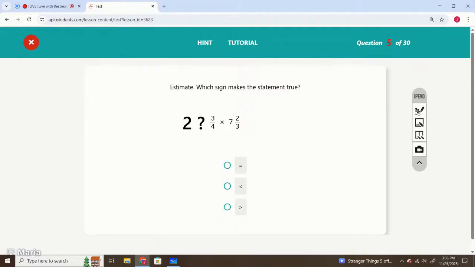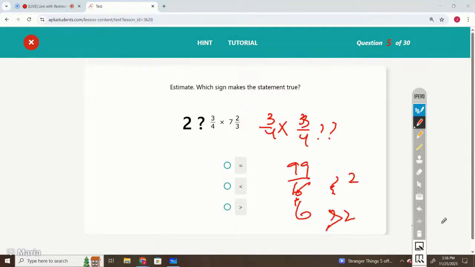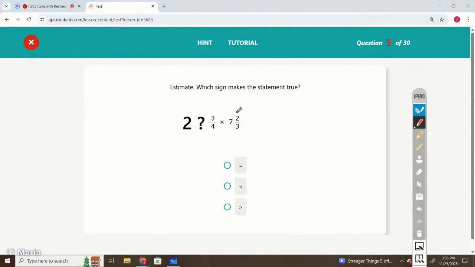You need to compare it to 3 by 4 times 7 whole 2 by 3. 3 times 7 is 21, 23, 24. So that is 24 over 3. 23, sorry. 3 and 3 cancel out. So it would be rounded to 6. So 2 is greater than 6. The correct option is greater.